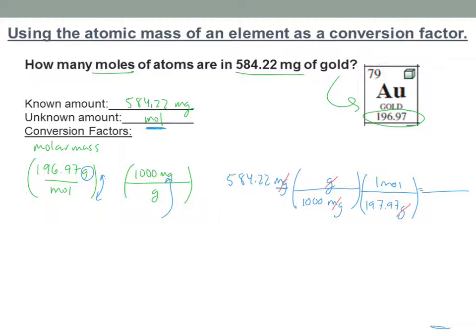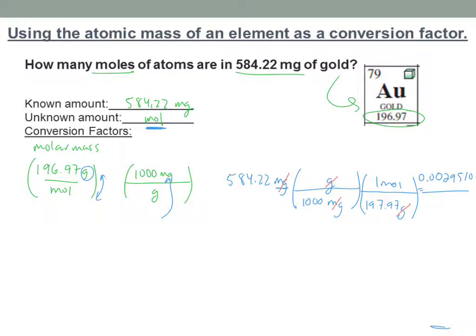And if I punch that in my calculator, I get 0.0002950 and some more. I know I'm not going to need all those sig figs though.